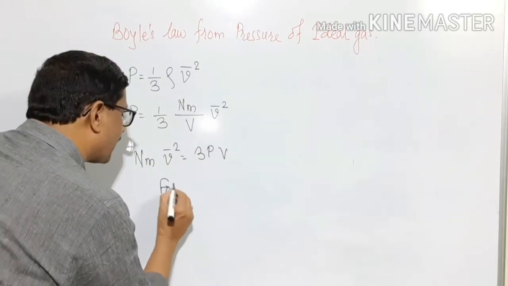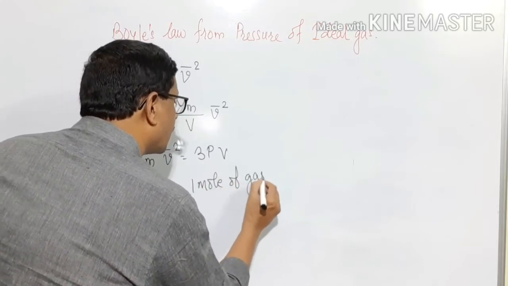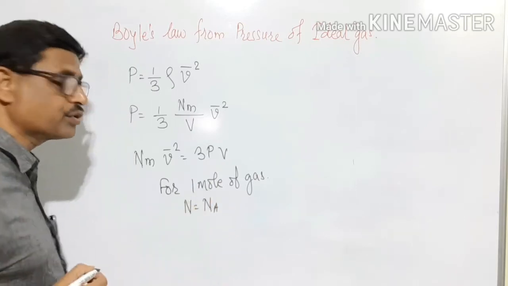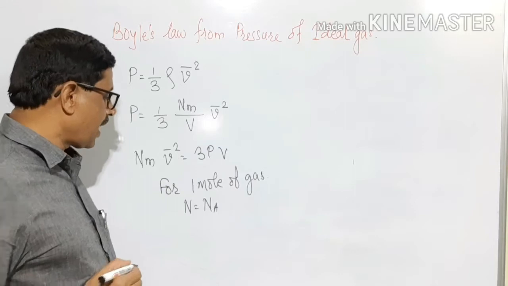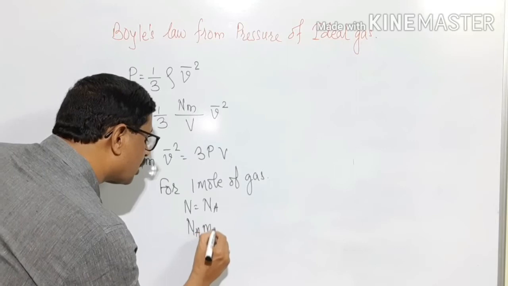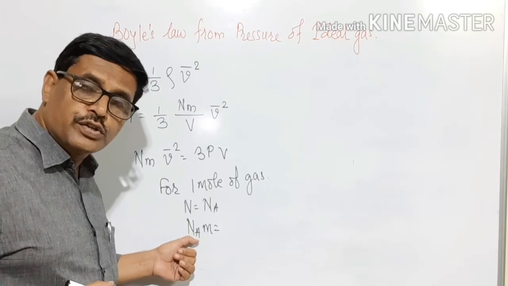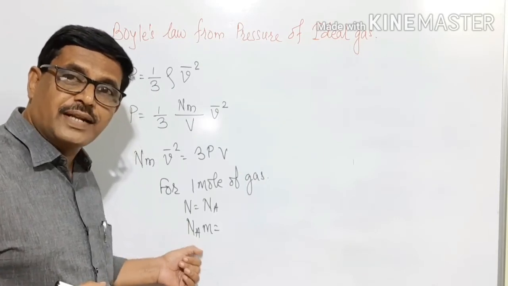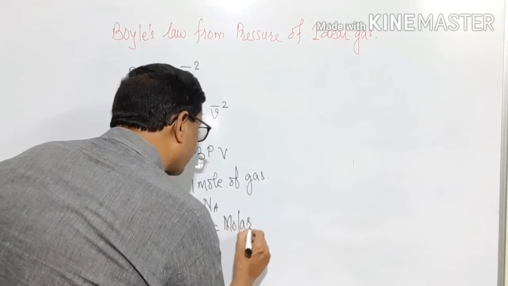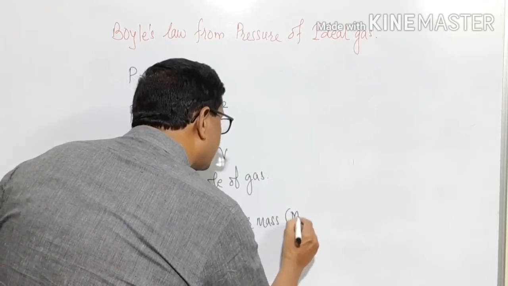For 1 mole of gas, the number of molecules present is the Avogadro's number, and the mass of gas molecules present in 1 mole of a gas is the molar mass of the gas, represented by M0.